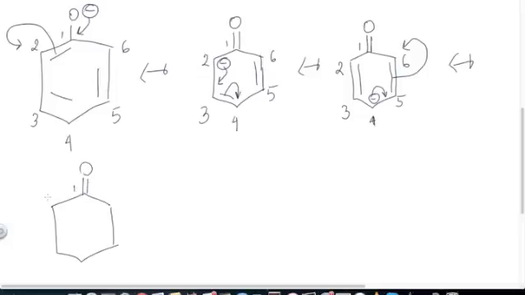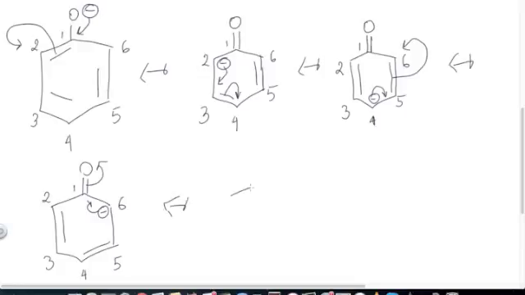Carbon 1, carbon 2, there is still a pi bond here between 2 and 3. There is now a pi bond between carbons 4 and 5, and a negative charge on carbon 6. And then yet another resonance form can be drawn, where these electrons form a pi bond between carbons 1 and 6, and these electrons come back to oxygen.